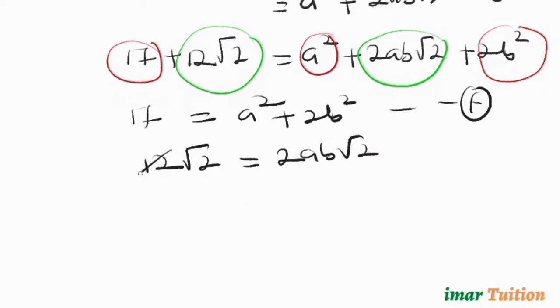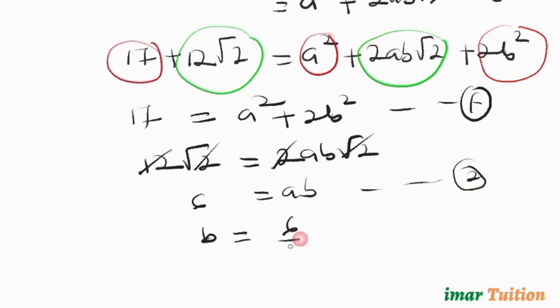From here, this 2 will cancel this to give you 6. This will cancel this. You now have 6 equal to ab. From there, in equation 2, b will be equal to 6 over a. So we'll substitute this b into equation 1.